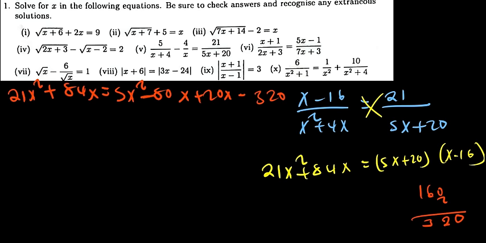So I'll say 21x squared. Since this is having squared, I'm going to say minus 5x squared, meaning that I'm done with that. Plus 84x. I'm going to shift the 1, so now I can add these two. It should be negative 60, because you have negative 80 plus 20.